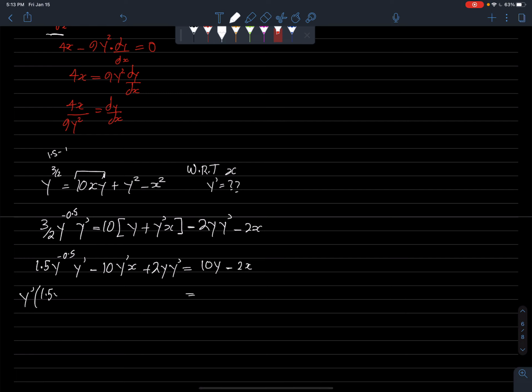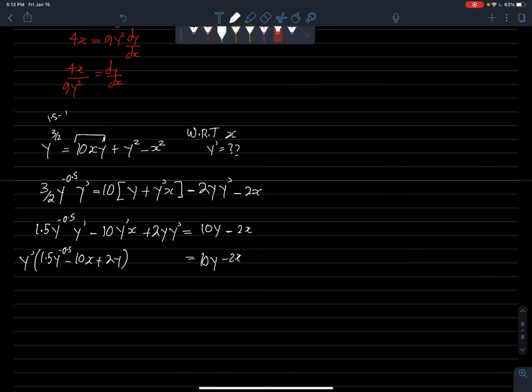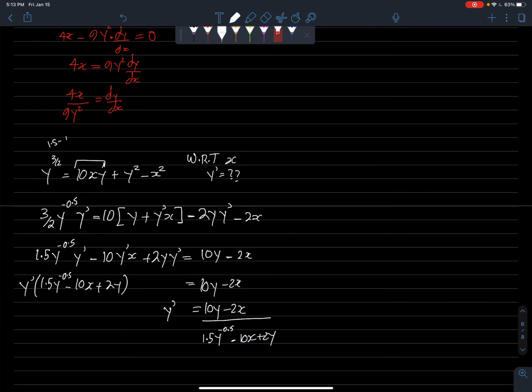We get y prime times 1.5 y to the negative 0.5 minus 10x plus 2y is equal to 10y minus 2x. Isolate for y prime, which is just one more step here. I'll write it down. So 10y minus 2x over 1.5 y to the negative 0.5 minus 10x plus 2y.